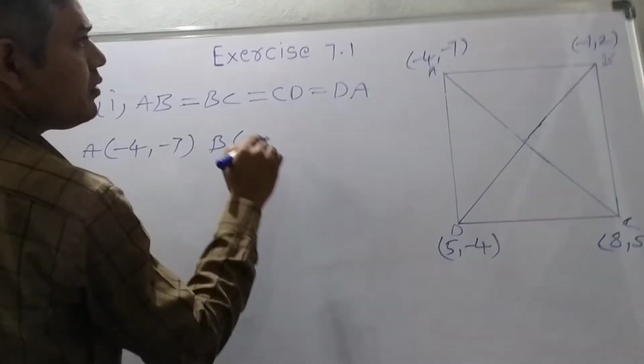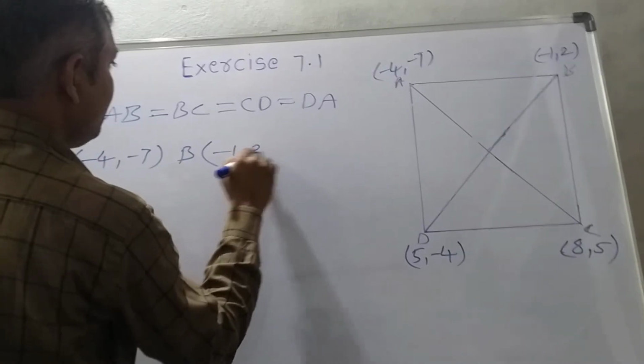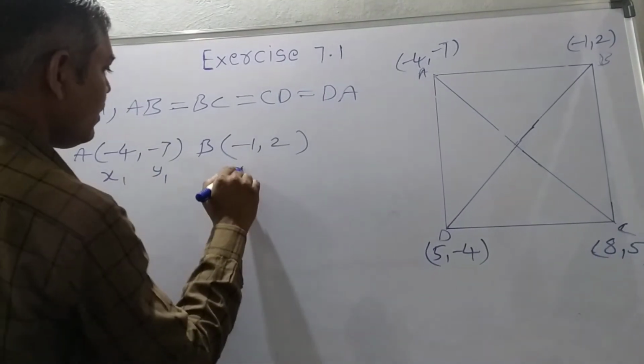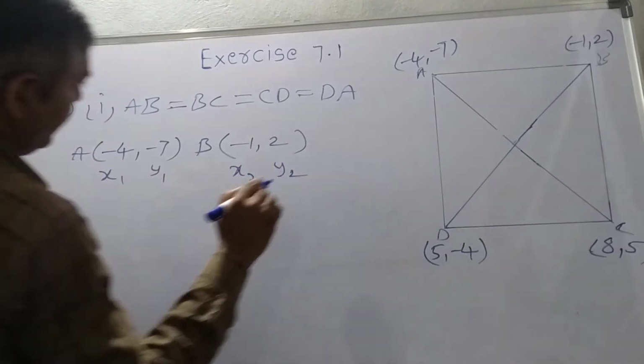Point B is -1 comma 2. This is x1 y1 x2 y2.